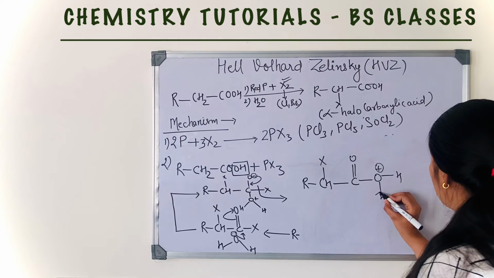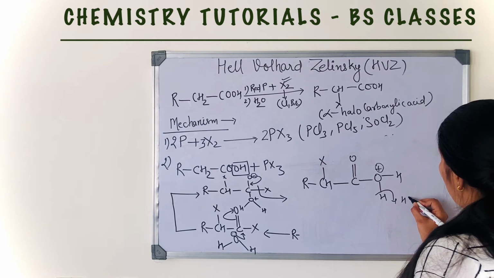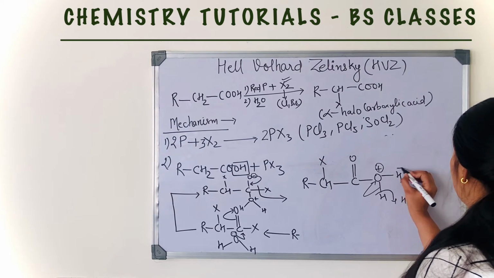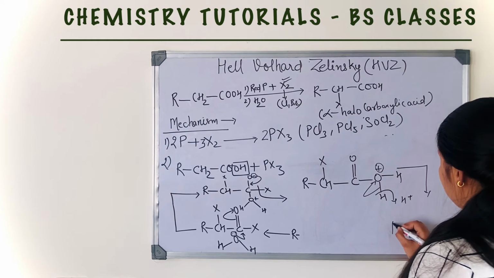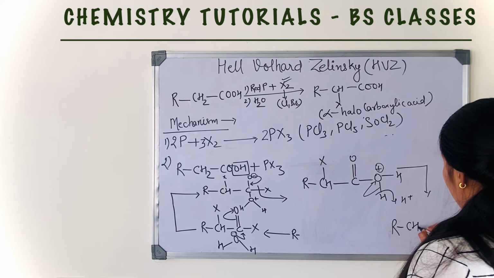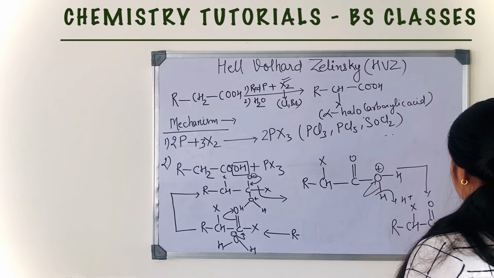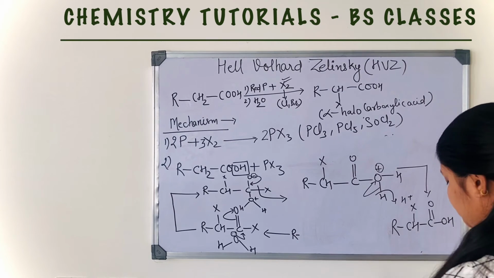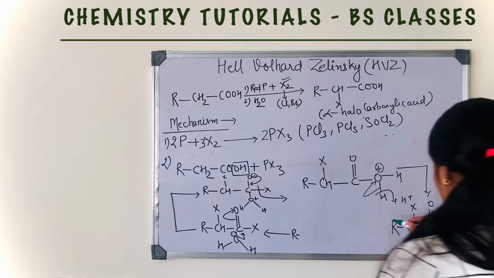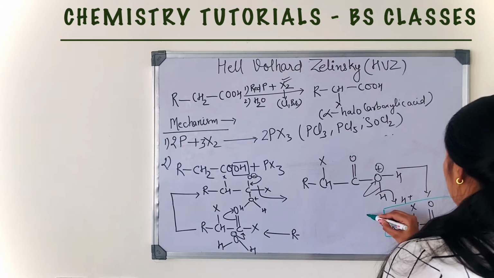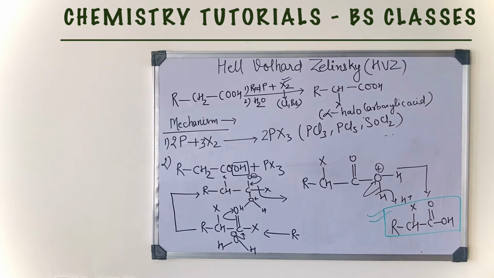That's why this hydrogen leaves in the form of H plus and donates its electron to this oxygen and forms the product. Now this is halogenated acid.